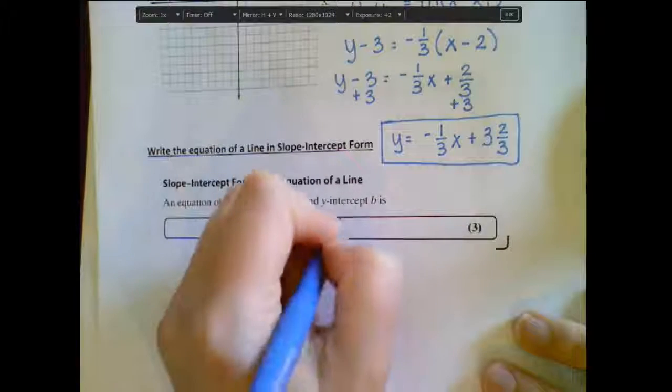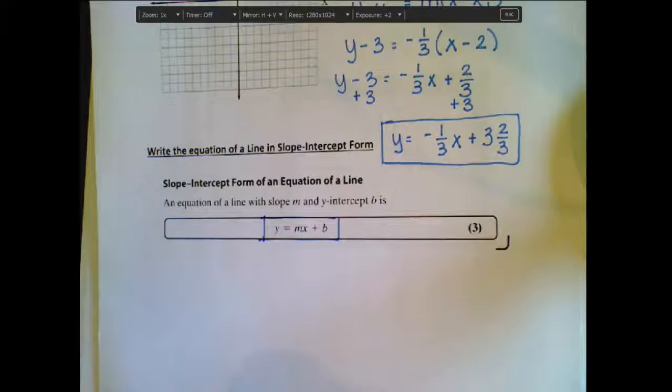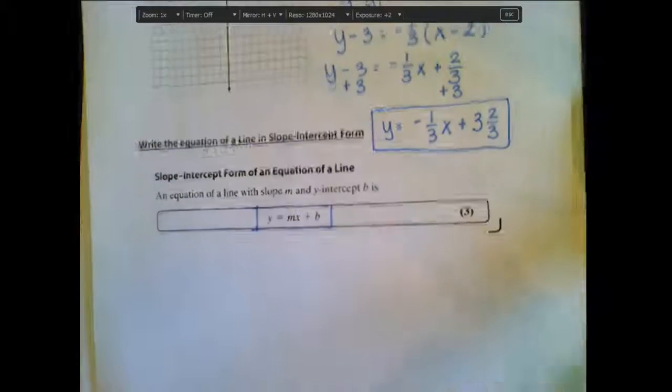We have been looking at this equation quite a bit, this y equals mx plus b form. And we're going to continue with that and use that in many different ways now.